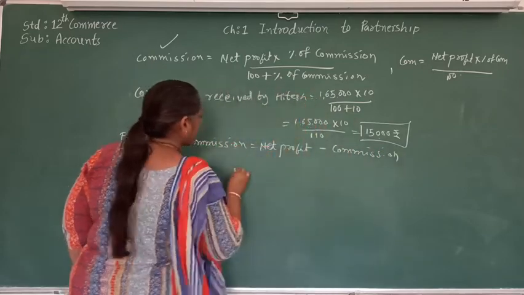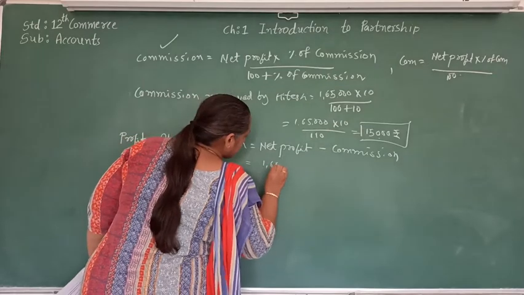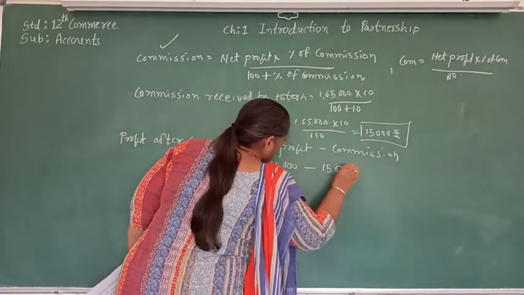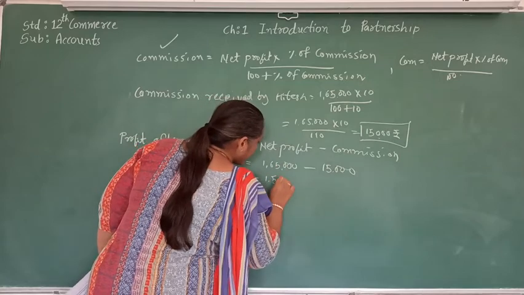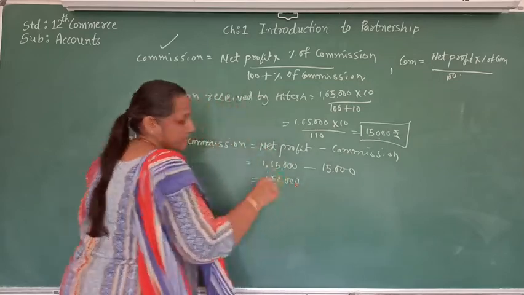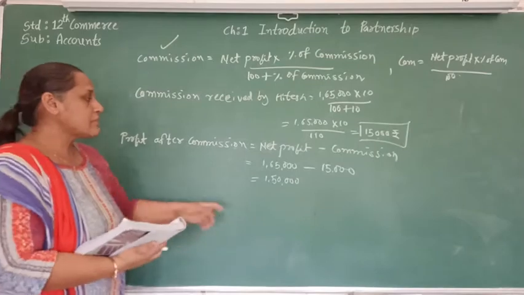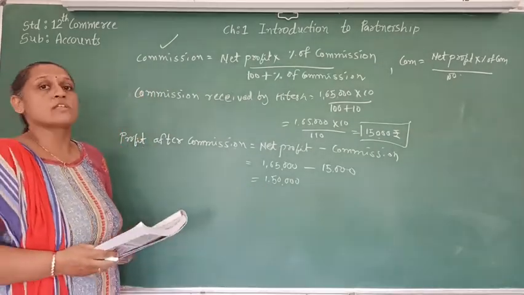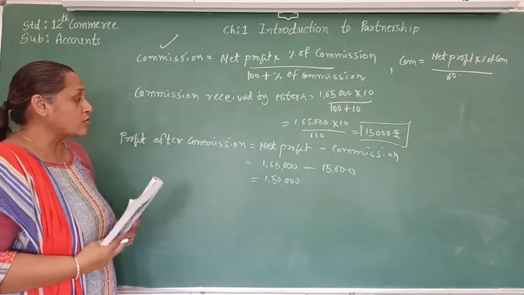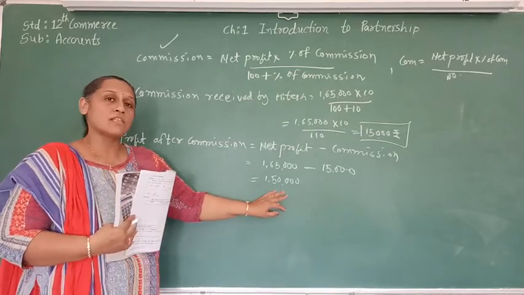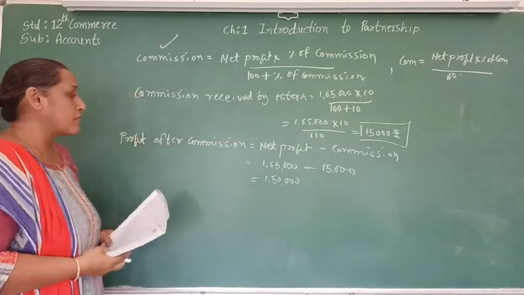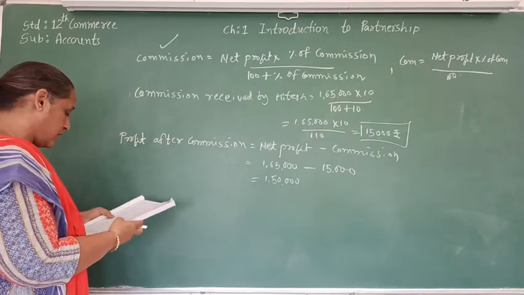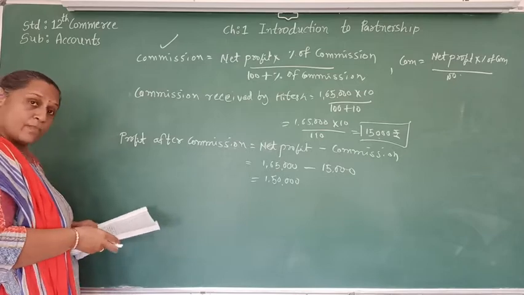So here net profit is 1,65,000 minus 15,000. So the amount will be 1,50,000. That is going to be divisible between the three partners. Here the profit and loss sharing ratio is not given in this sum, so we are going to distribute this 1,50,000 equally. So each partner will get 50,000. So Hitesh is going to receive a profit of 50,000.